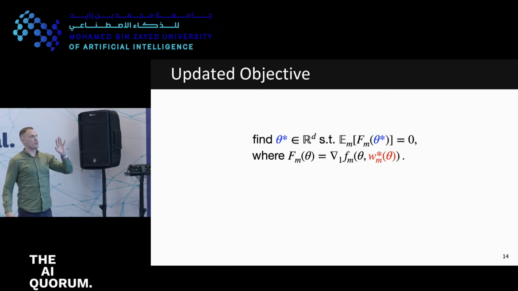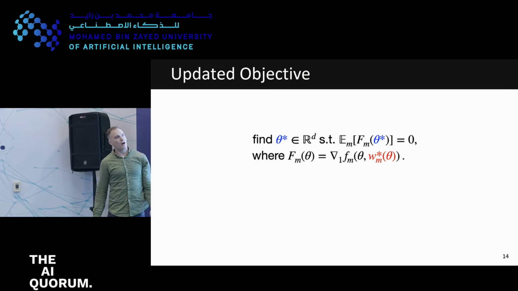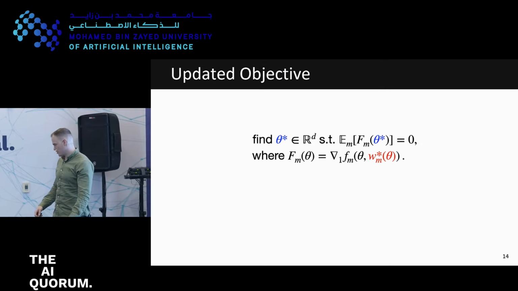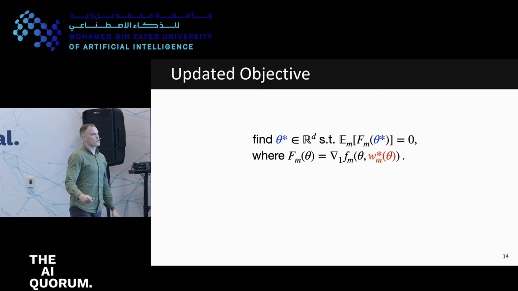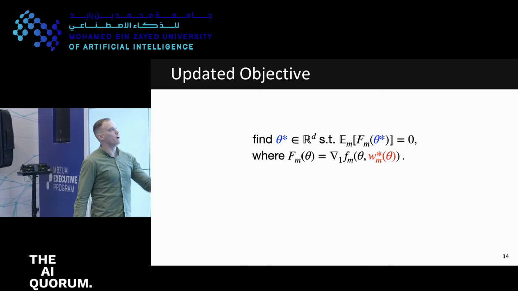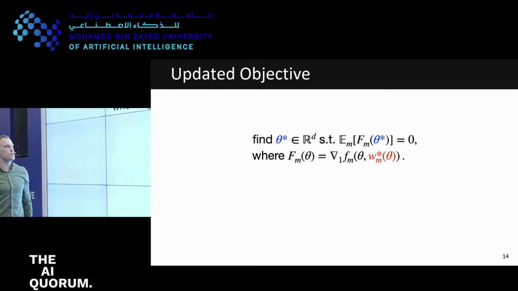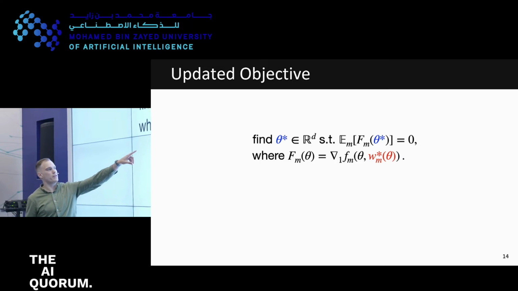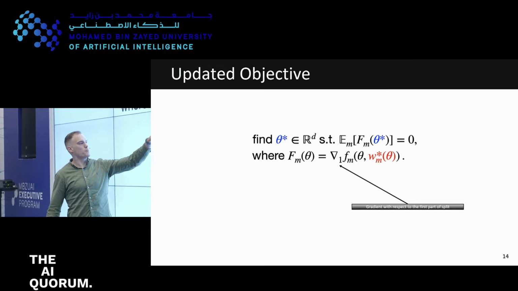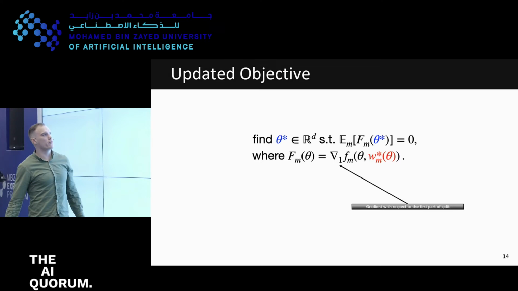All right, so with this notion of over-parameterization, we can also introduce the new objective that we're going to focus on. Our goal is to find a global parameter such that this operator equals zero, where the operator is defined as the gradient with respect to the first part of the split, which we want to be zero.